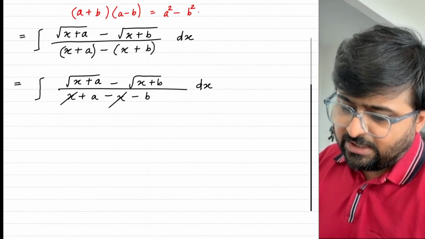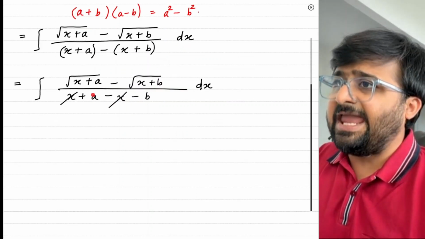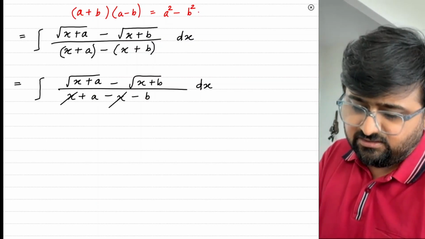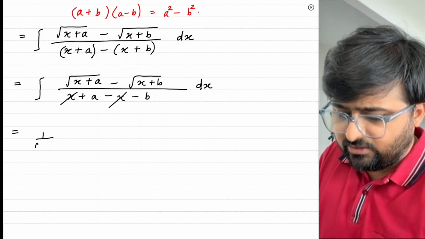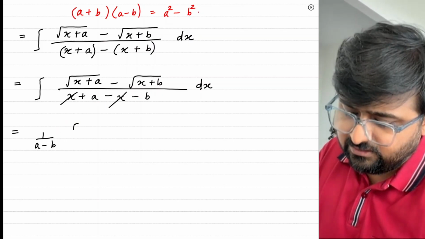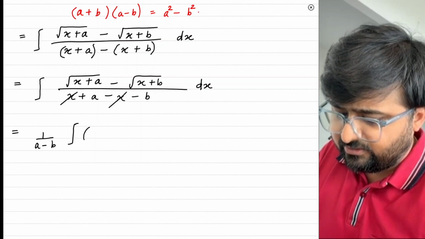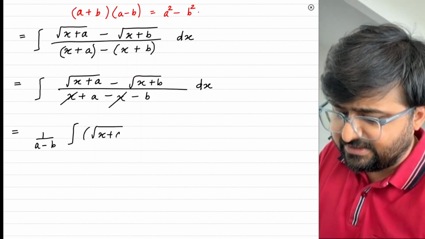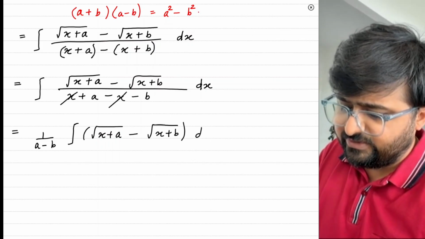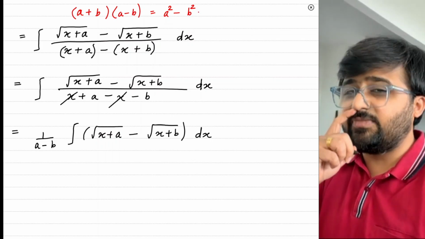Now what you have left in the denominator is a minus b, which is a constant value and can be taken out of the integral. So you have 1 over a minus b outside, and in the numerator left over square root of x plus a minus square root of x plus b with respect to x. Now this is a simple algebraic integral.